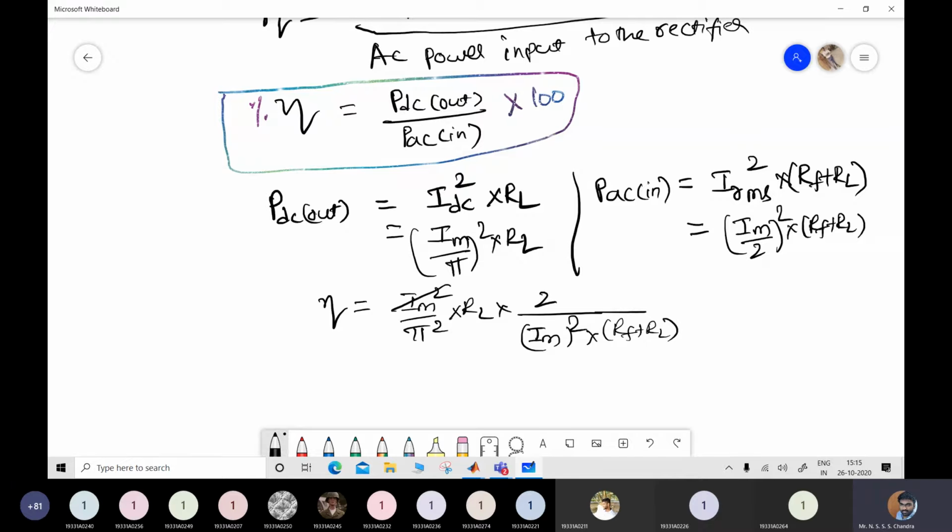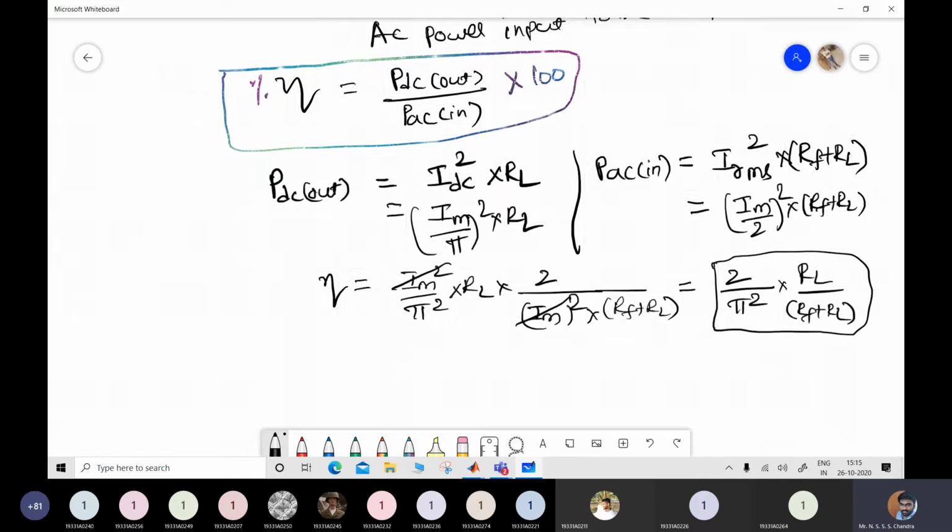So Im square gets cancelled, and you are left with 2 by pi square into RL by RF plus RL. So this is your eta value.